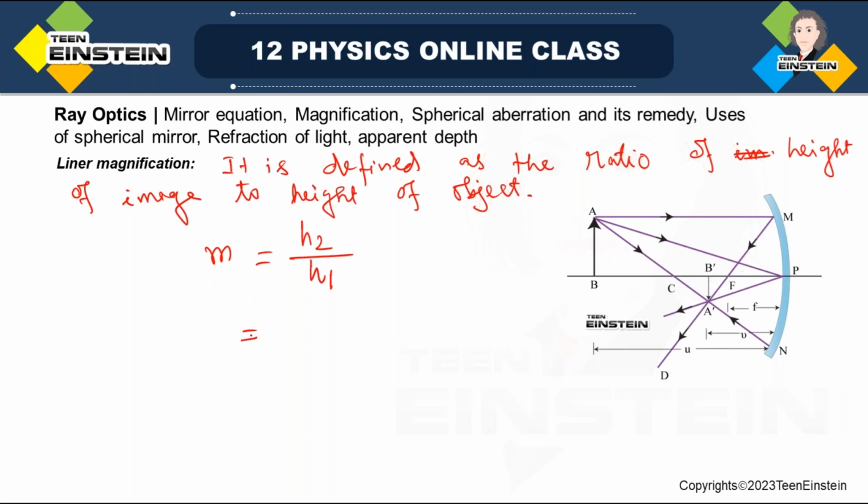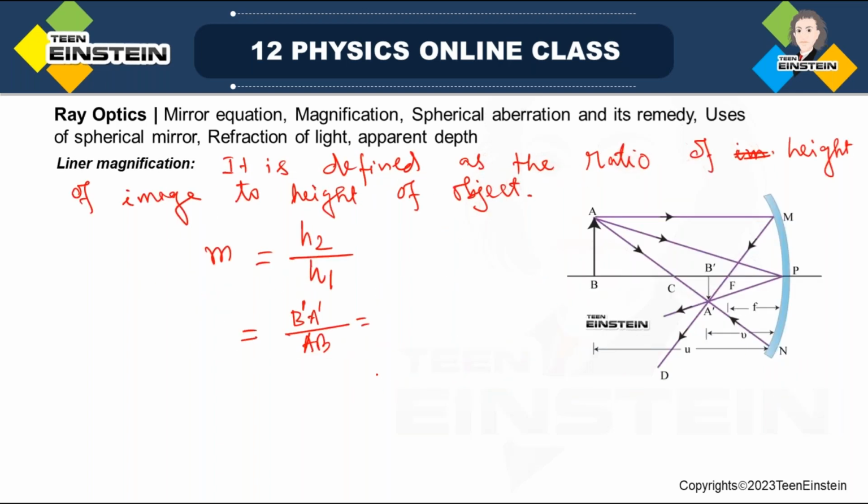See, the image height we take as B prime A prime, and the object height is AB, with proper sign. Look at the last equation, equation number 2.